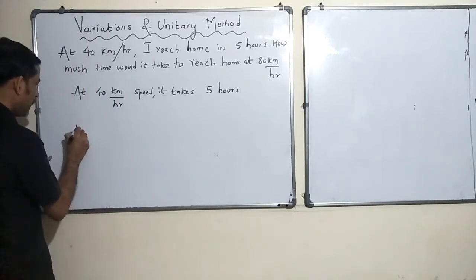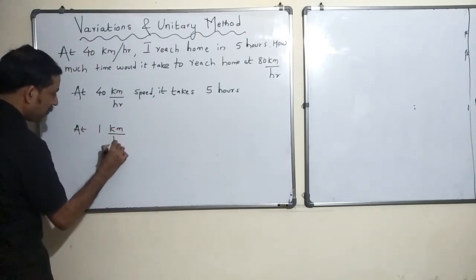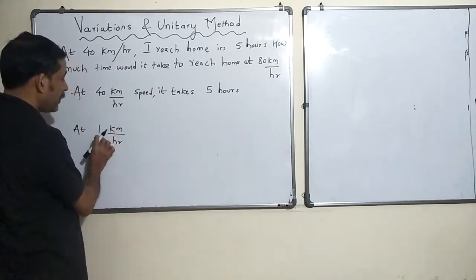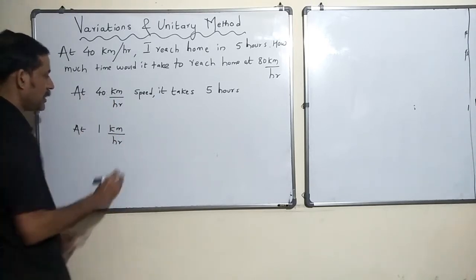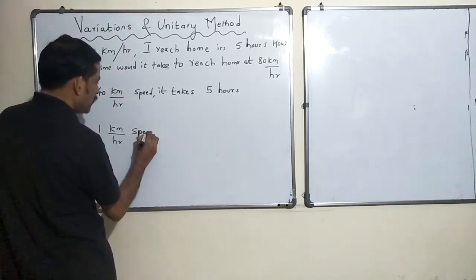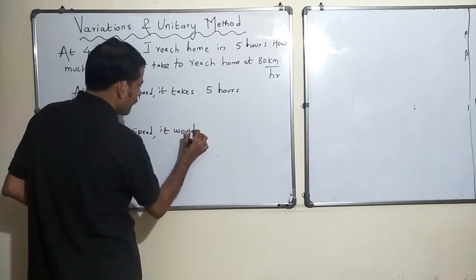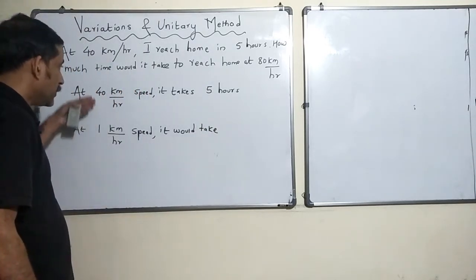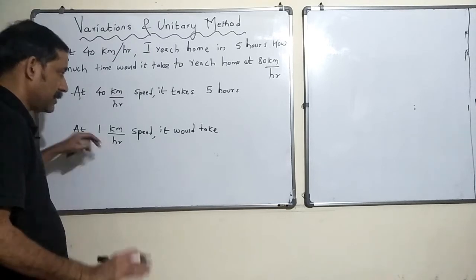Now if you are traveling at 1 km per hour, I am going to find out the value for 1 unit, unitary. At 1 km per hour speed, what do you think it will take? You divided this by 40, then only you get 1 km per hour.